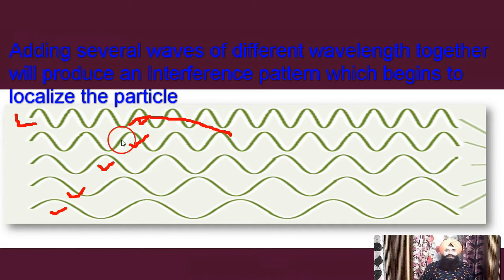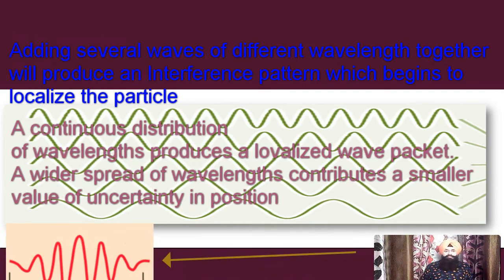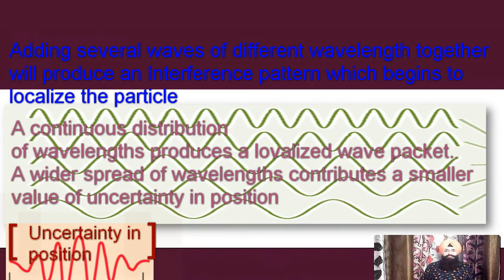If these waves interfere, or you apply the principle of superposition, then you will get a wave packet of this shape. So what is there? A continuous distribution of wavelengths. The different wavelengths produce a localized wave packet.